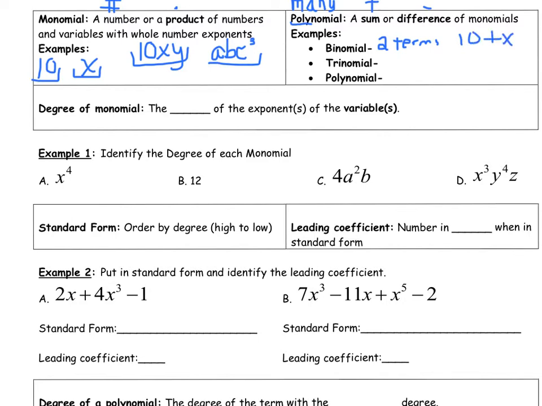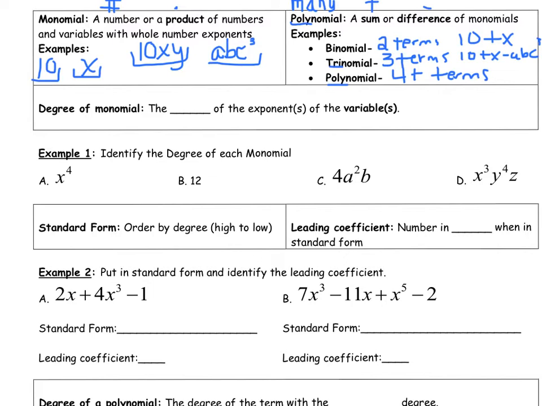A trinomial has three terms, or three monomials, so like 10 plus x minus abc to the third. A polynomial has many terms, or four or more terms, all separated by a plus or minus sign.